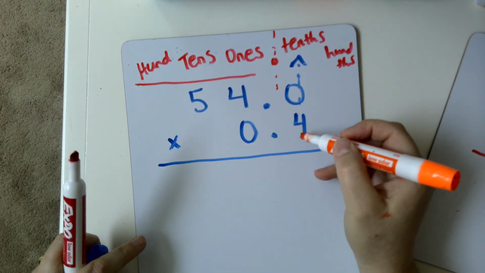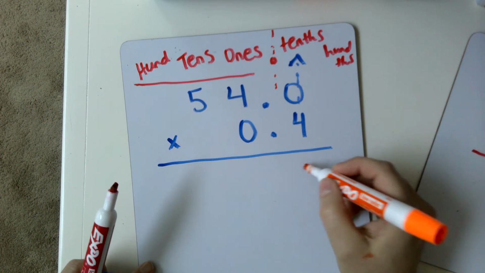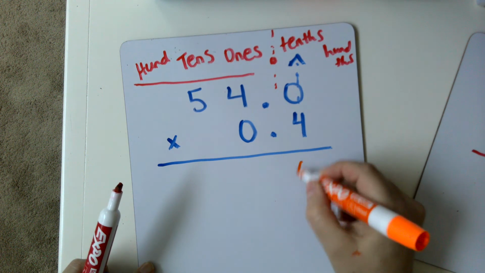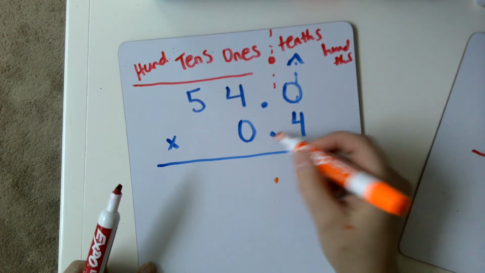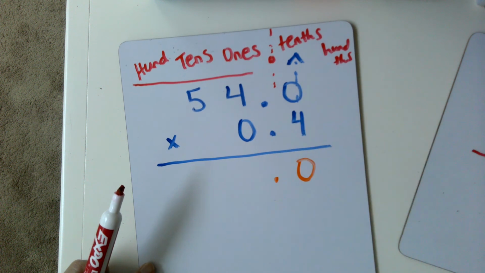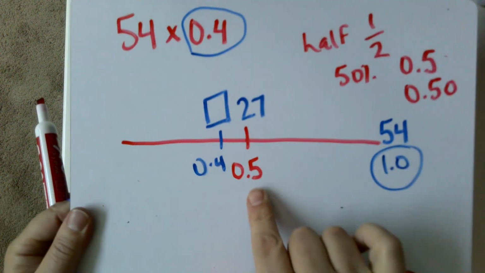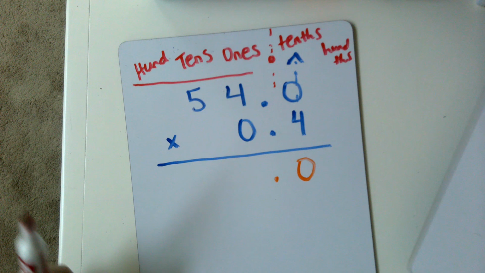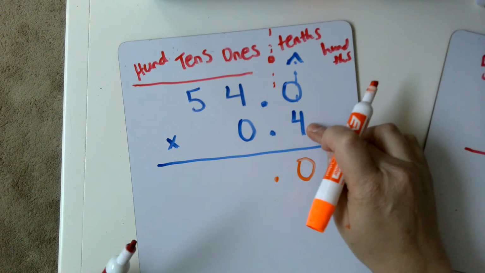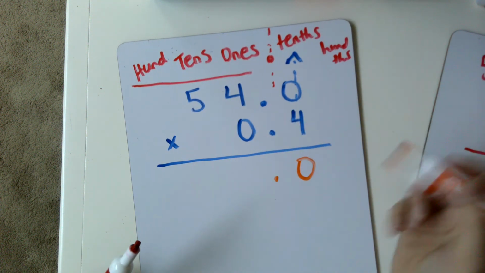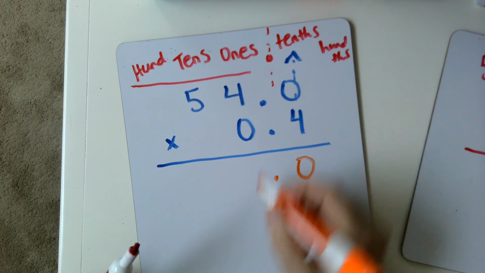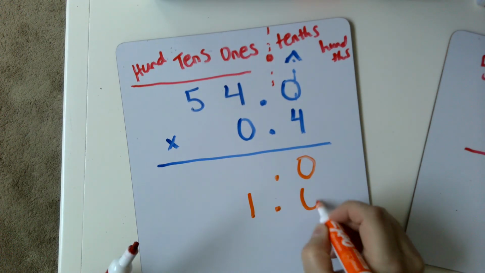So 0.4 times nothing is still nothing. 0.4 times 4. Reasonably speaking, I know that half of 4 is 2, so it's going to be less than 2. But if we say 4 times 4 is 16, that would make 0.4 times 4 equal to 1.6.